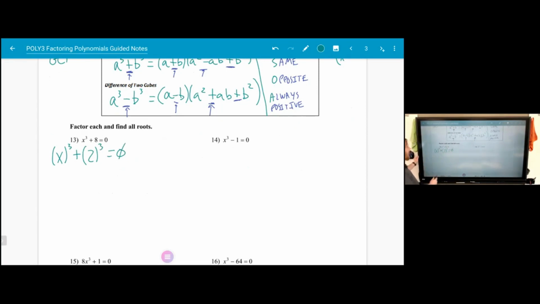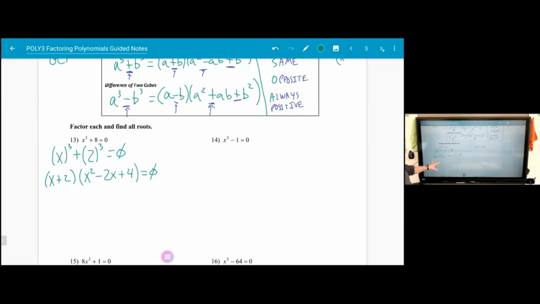So in this case, what I would have is x plus 2, a plus b, times a squared, which is x squared, minus ab, minus x times 2, or minus 2x, plus b squared. Our b value is 2, so plus 4 equals 0.